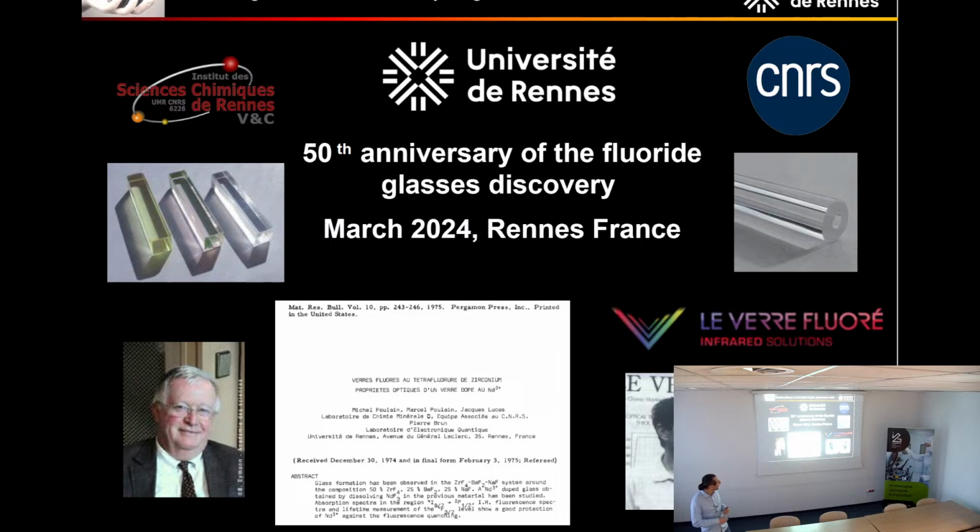And he was a little bit curious, and he measured the transmission of this glass, and he observed that this glass can be transparent in the visible, like silica and silicate, and also in the infrared until 7 or 8 microns.